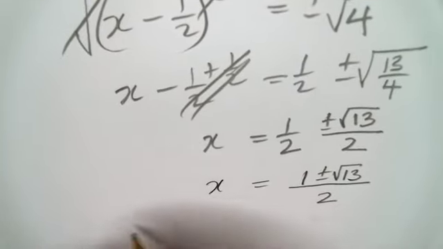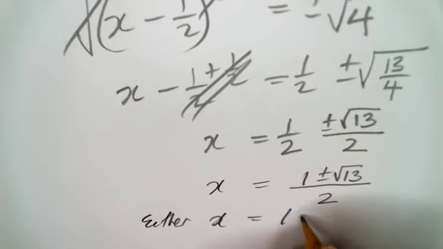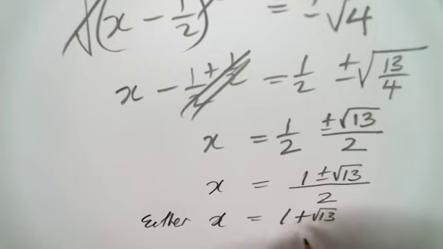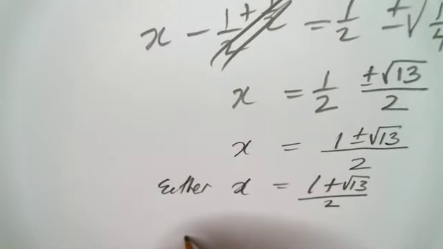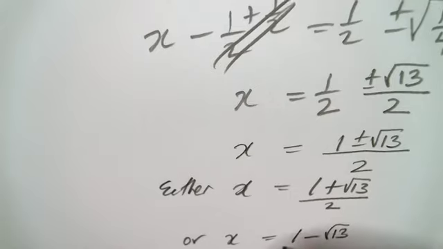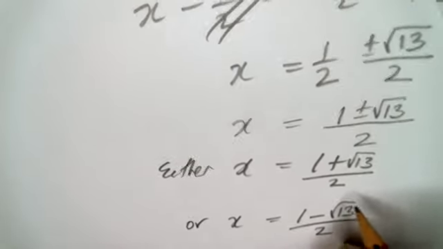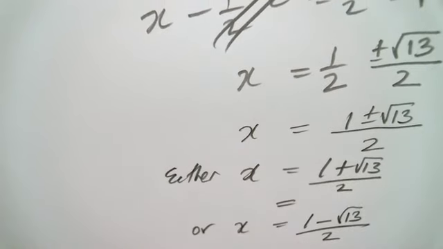So we could say either x is equal to 1 plus root 13 all over 2, or x is equal to 1 minus root 13 all over 2. The reason I've left a gap is because they really want these in decimal form, so let's make that then in decimal form.